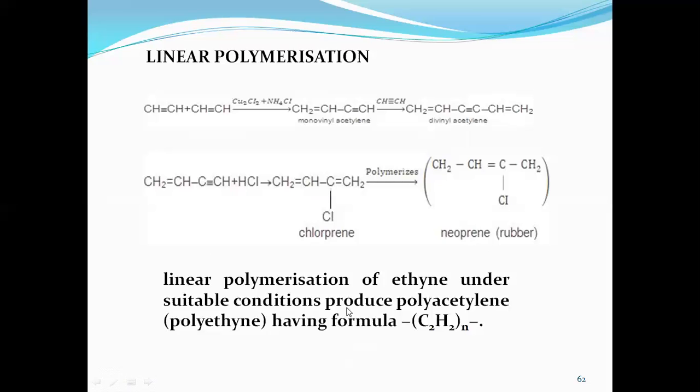Besides this, linear polymerization of ethyne can also produce polyacetylene, having the formula (C2H2)n under suitable conditions. So these are the examples of polymerizations of the alkyne molecule.